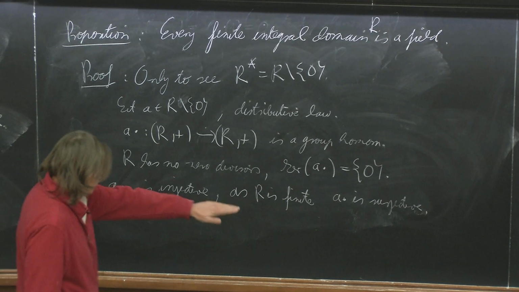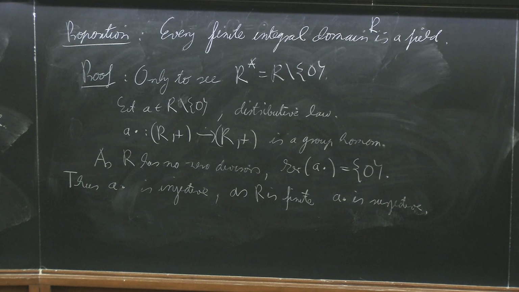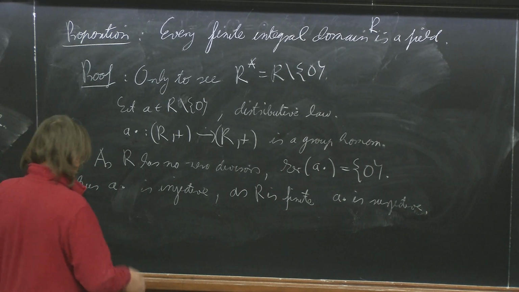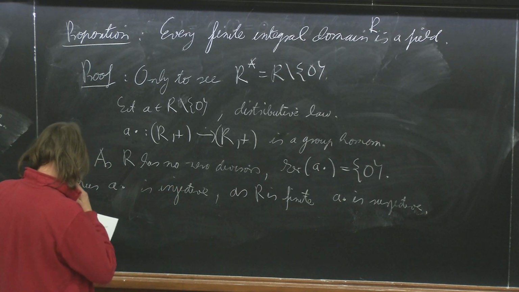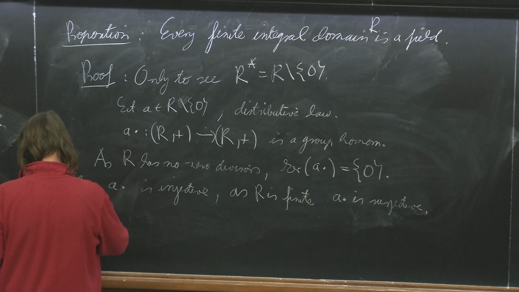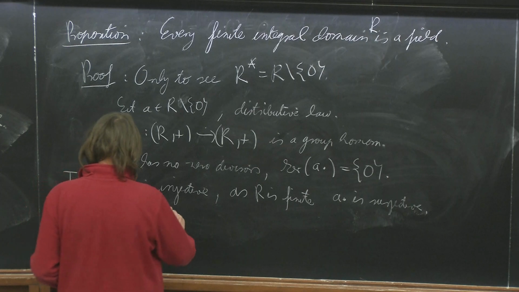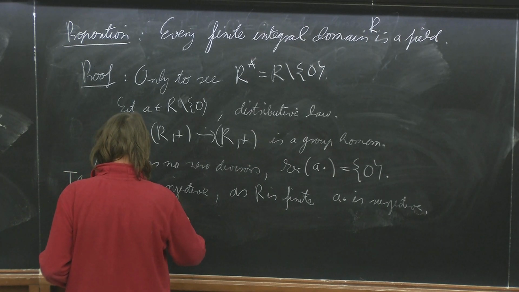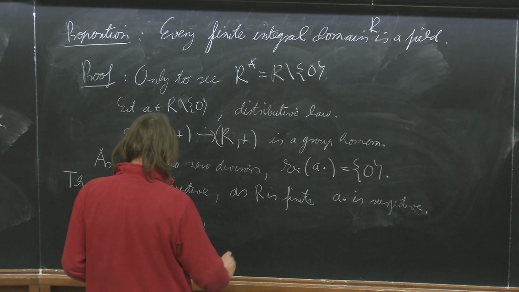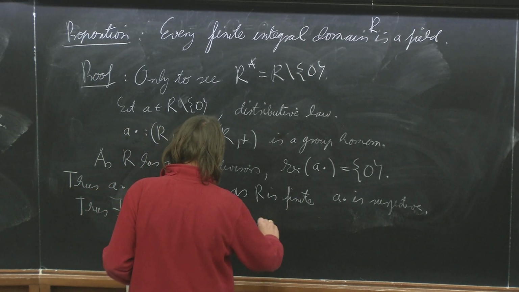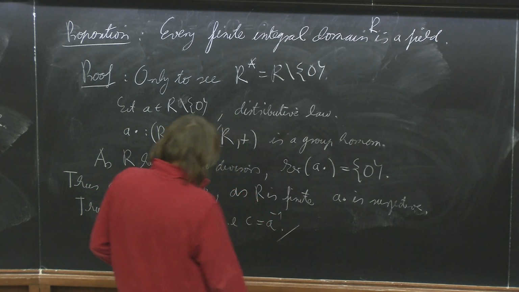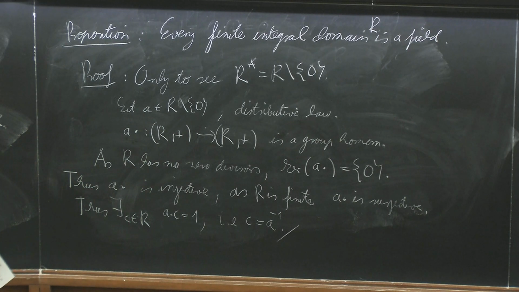So it's surjective. In particular, one lies in the image. Thus, there exists an element C in R such that A times C equals 1. Okay, so this was this fact.